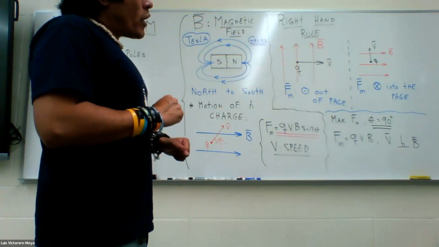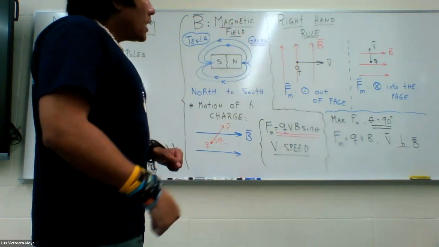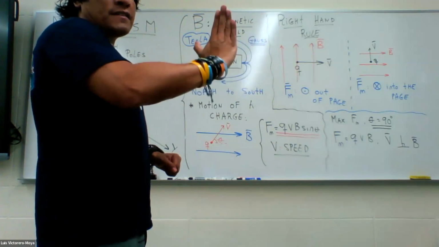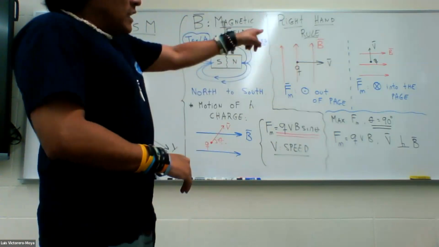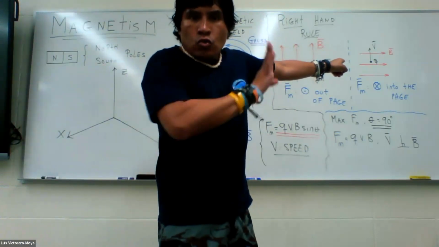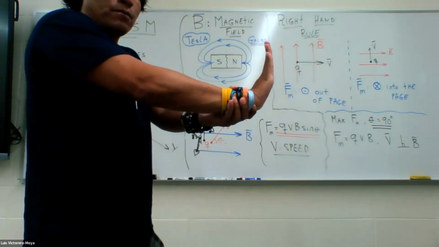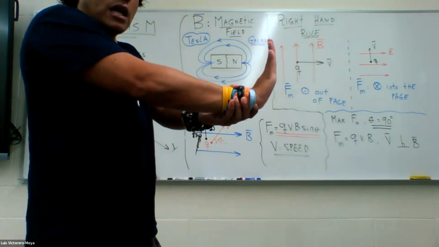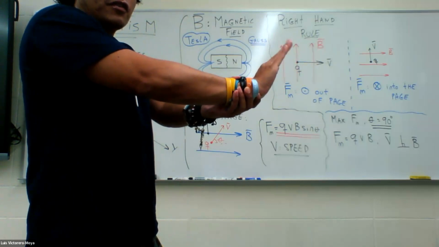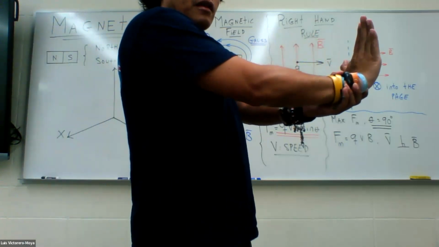If the velocity is going up, your fingers should point upwards. Now, how do you know if it's like this, or like this? It depends on the direction of the field. The field is going to the right, so you place your hand like this, and then you curl your fingers in the direction of the field, like that.